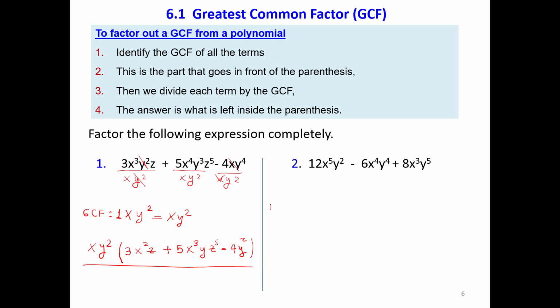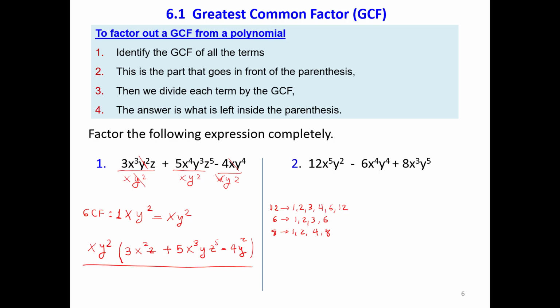Then we can write here 12. The factors of 12 are 1, 2, 3, 4, 6, 12. 6 is 1, 2, 3, 6. 8 is 1, 2, 4, and 8.